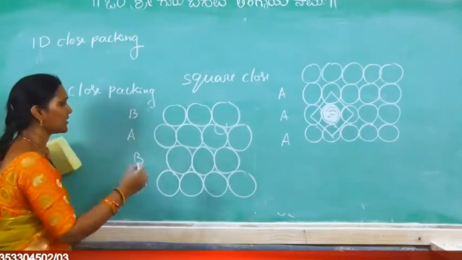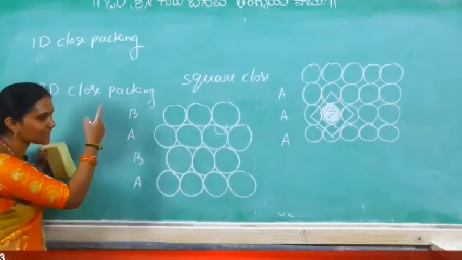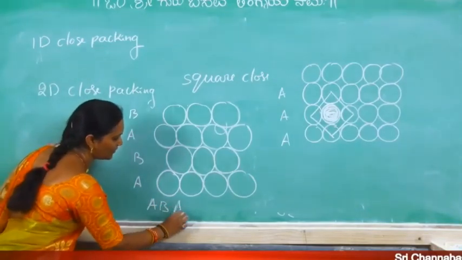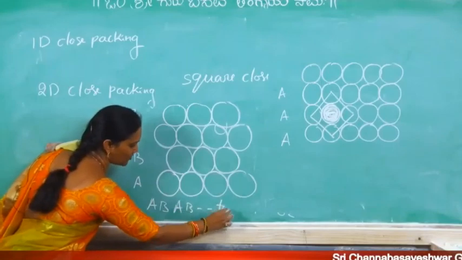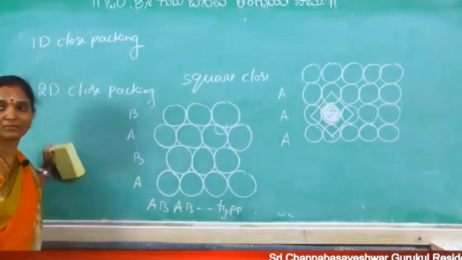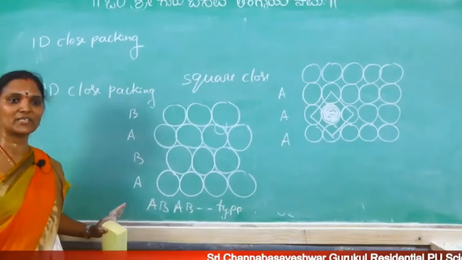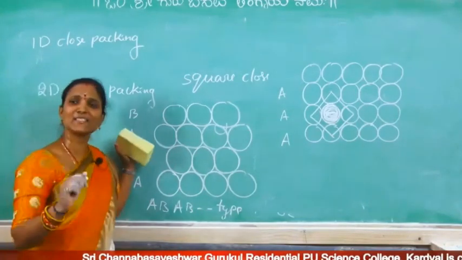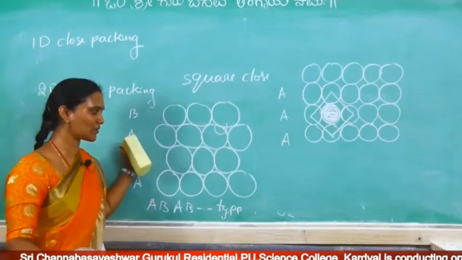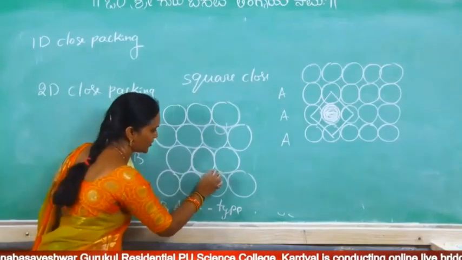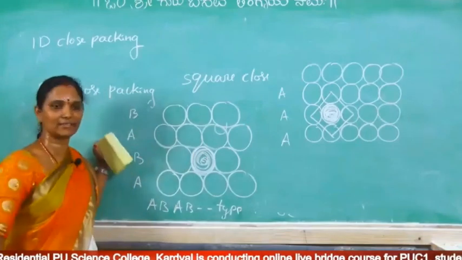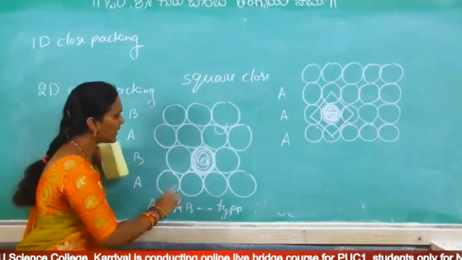Now what is this arrangement? Don't read it like this, read it like this. The arrangement is ABAB type arrangement. Now, why is it called hexagonal close packing? Take one particle. Around this, which are in contact?